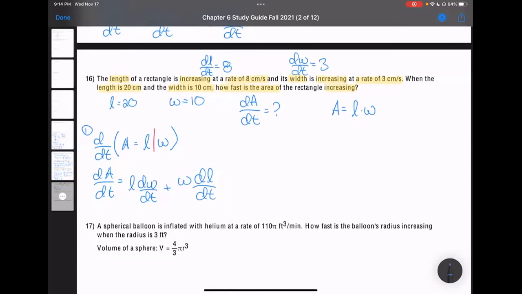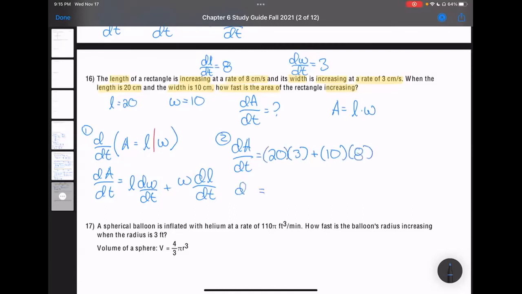Okay, so now we have our derivative here. Step 2, we're just going to plug in all of our known values. We don't know what dA/dt is, but we know the length is 20. We know the rate of change of width is 3, plus the width, which is 10, times the rate of change of the length, which is 8.